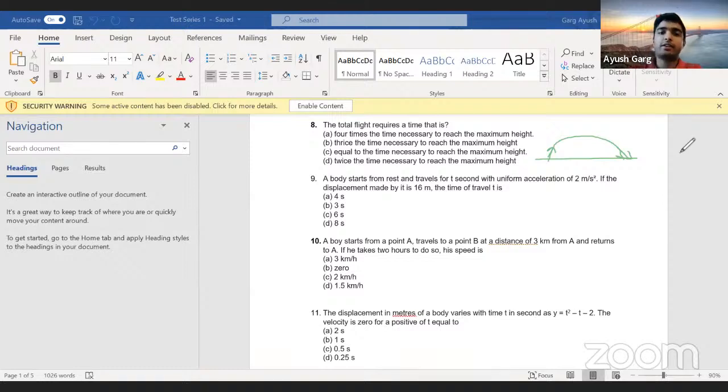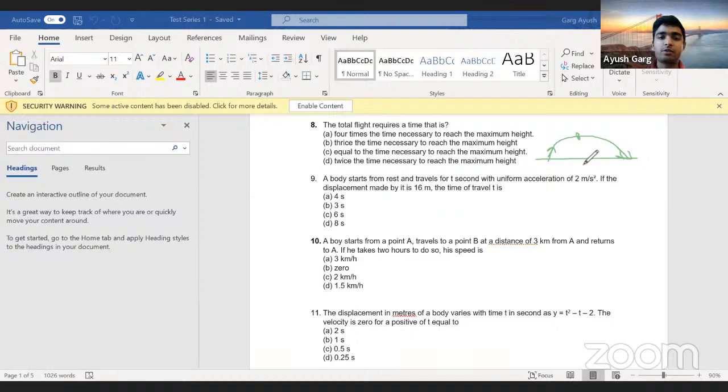Total flight is the time required to go from here to here. As you must know, projectile motion is symmetric. So the time required to go from here to the topmost point is the same as the time required to go from the topmost point to here.